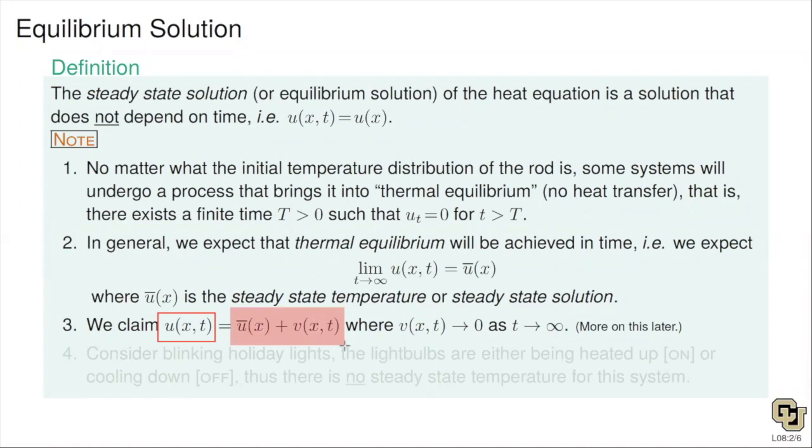So v of x,t is also a temperature function, but v of x,t is a temperature function that'll decay to 0 as t goes to infinity. That way, when you send t to infinity on both sides, this limit up here will be true. And our solution that's describing what's happening at the present moment will also be a solution that will work when t goes to infinity. It'll also be a solution where we can take the limit as t goes to infinity and figure out what the steady state temperature is.